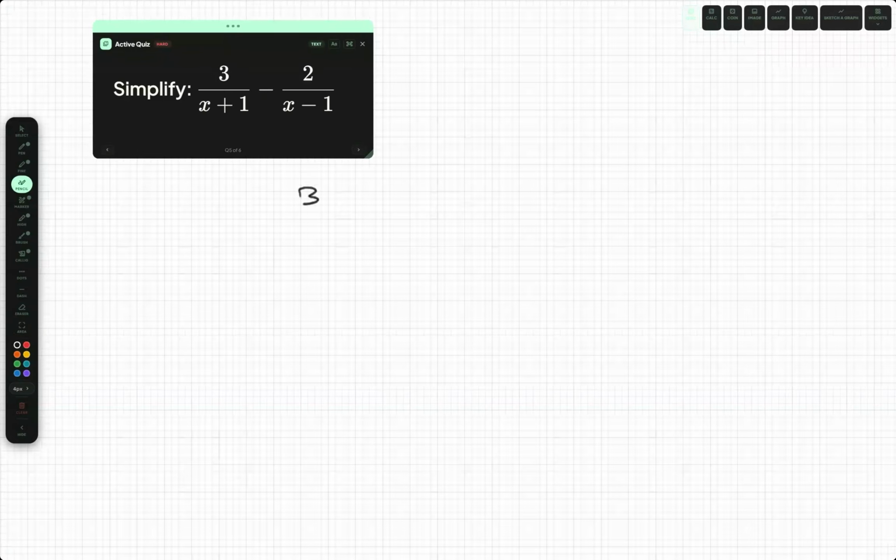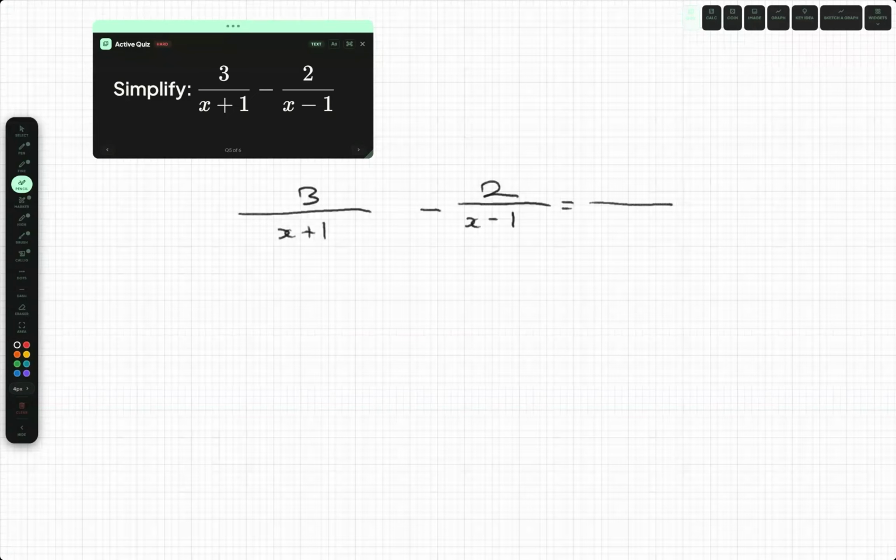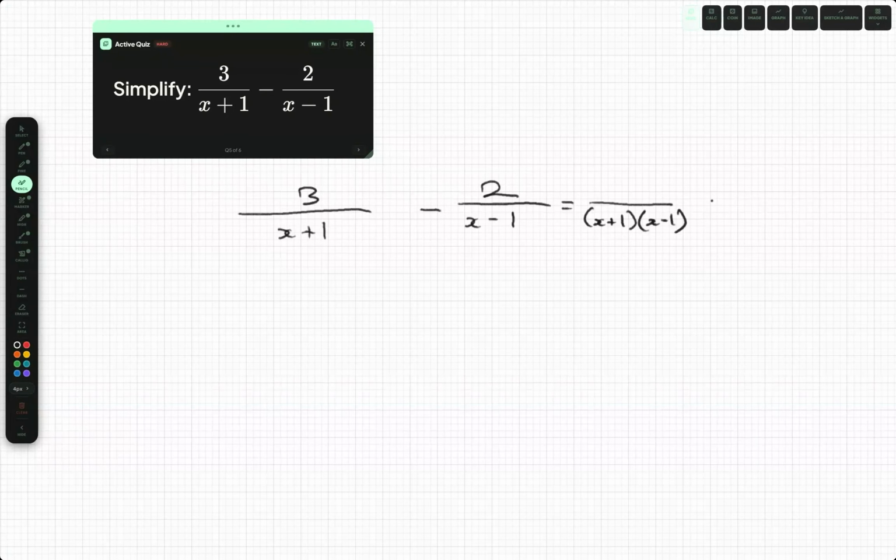Okay, next one, 3 over x plus 1 minus 2 over x minus 1. Right, so we can quickly work out that by multiplying our two denominators, we end up with x plus 1 times x minus 1, minus some fraction, x plus 1 and x minus 1.